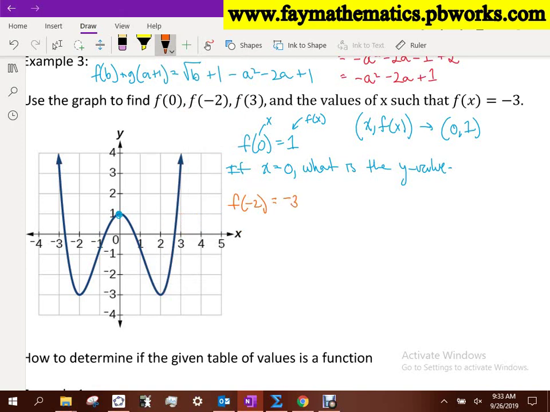Negative 3. So negative 2 comma negative 3 would be the ordered pair that statement is referring to. F of 3. I think it's talking about 3 here. It's kind of hard to see, maybe a 3 or 4. I think it's saying 3.